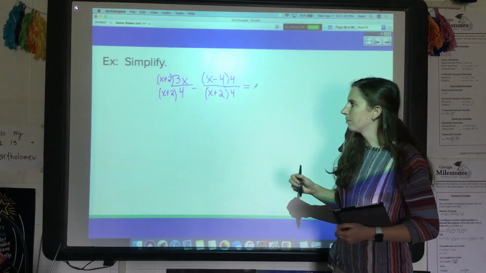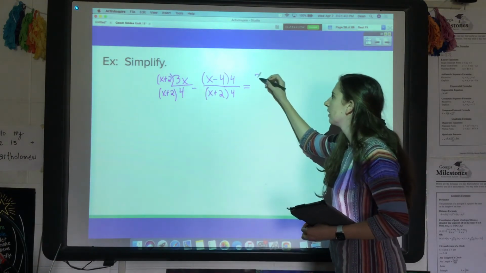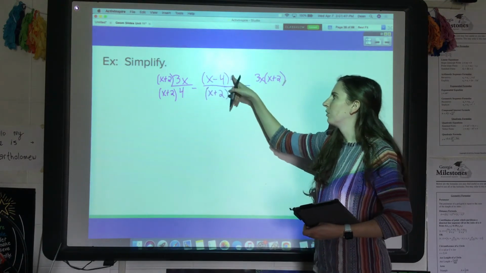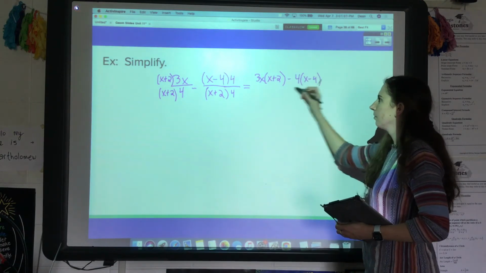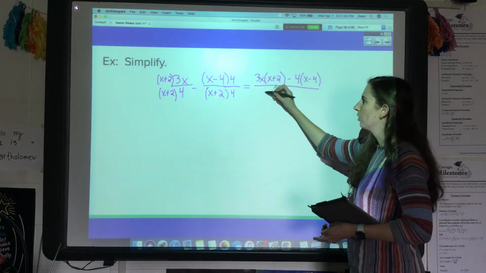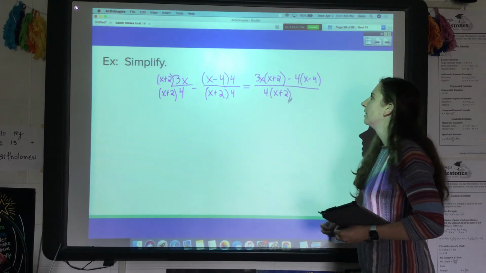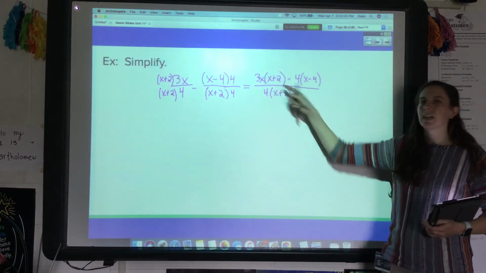All right, so now I have 3x times this minus 4 times this. I'm kind of rearranging some things, but it's all over 4 times x plus 2. These don't cancel because of that minus. This is all kind of stuck together.